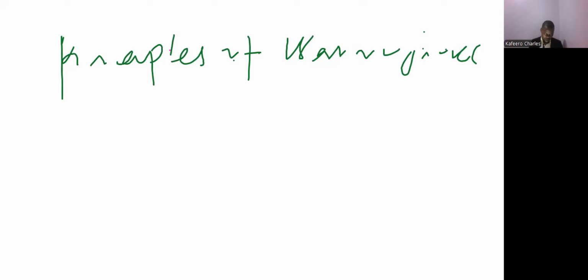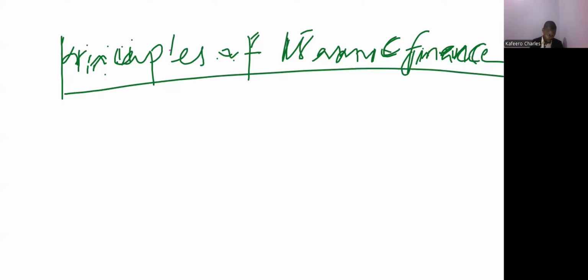We analyze them in detail, because these principles are the ones that are going to guide us on what is supposed to be done and what's not supposed to be done. So we can maybe mention some of them, then we come into the next video and give a detailed analysis of what these are.